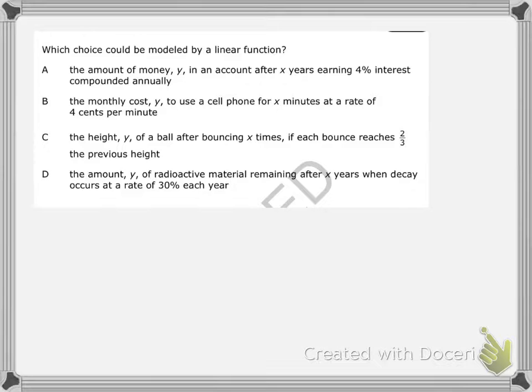All right, so this was another example pulled, and it basically says which choice can be modeled by a linear function. So A says the amount of money Y in the account after 4% interest compounded annually. B, the monthly cost Y of a cell phone for service at a rate of 4 cents per minute.